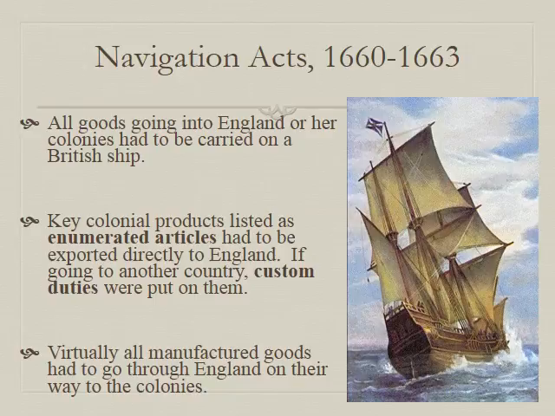This discouraged colonials from buying foreign manufactured goods because it made British goods cheaper, because British goods didn't have those custom duties. So it was a way again to promote domestic manufacturing and to make foreign goods more expensive.